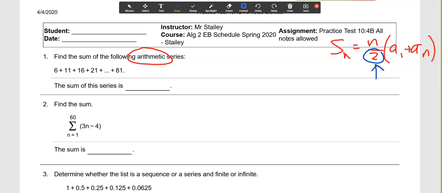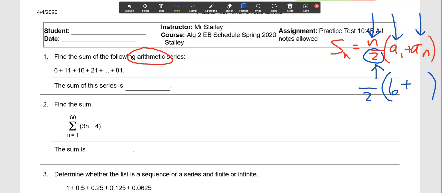In this question, out of the 3 things that you need, 2 of them you already know. Anybody tell me what they are? Is A1 6? Correct. The first term is 6.